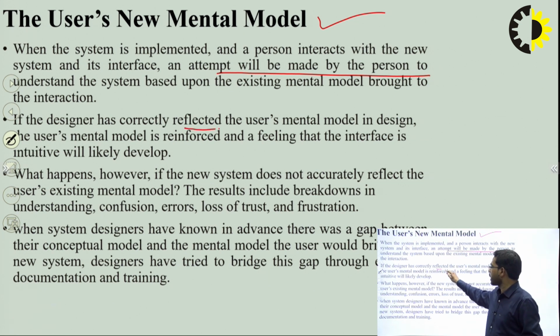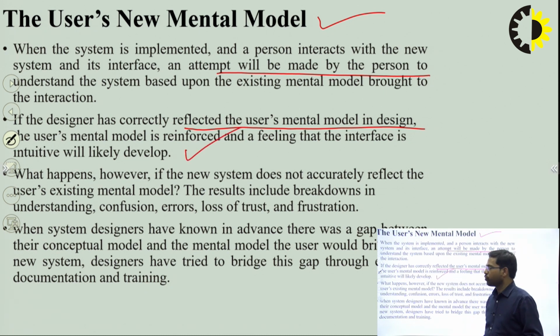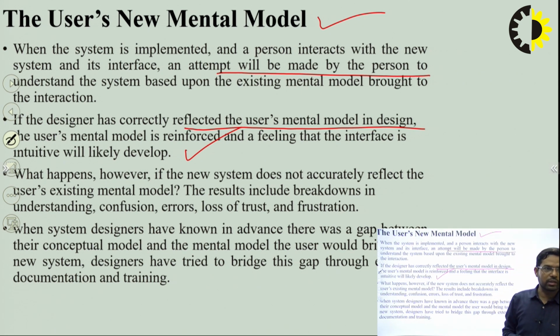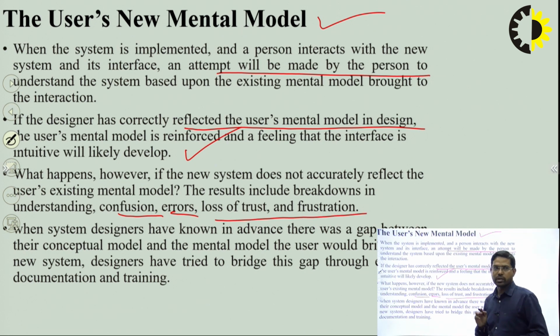If the designer has correctly reflected the user's mental model in the design, the user's mental model is reinforced and the feeling that the interface is intuitive will likely develop. What happens if the new system does not accurately reflect the user's existing model? The result includes a breakdown in understanding, confusion, errors, loss of trust, and frustration.